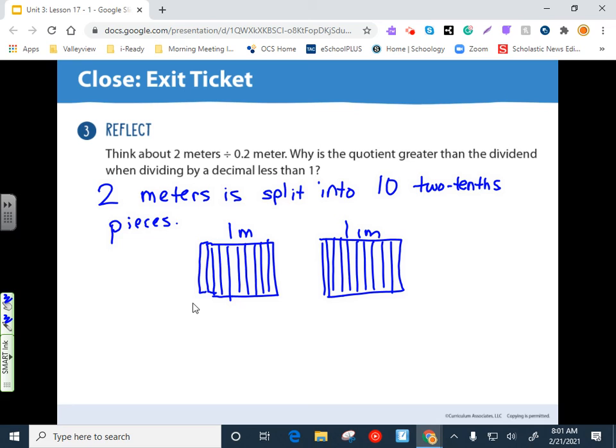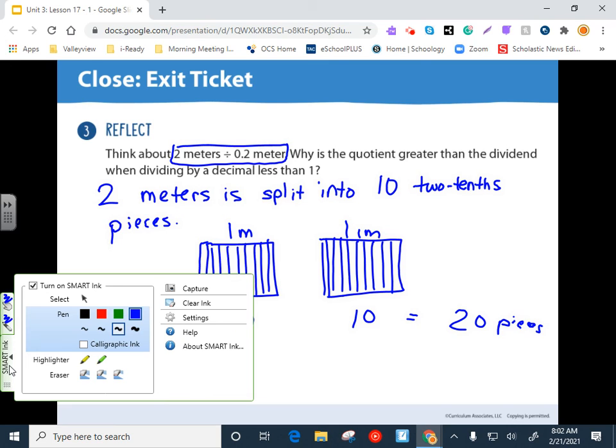What that's basically saying is if you divide 2 meters into 2/10 of a meter, you've got 10 pieces there, and that'll equal 20 total pieces. That's why you can divide a number 2 and then get an answer of 20, because technically you're taking one of those whole numbers and breaking it up into smaller parts. So it'll make more sense as we get more practice, but this is just laying the groundwork for all that.